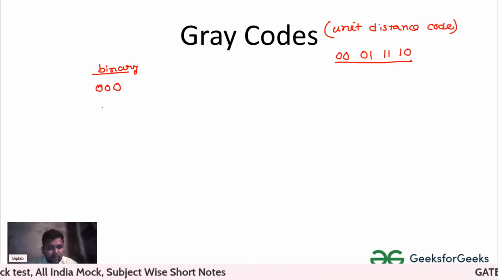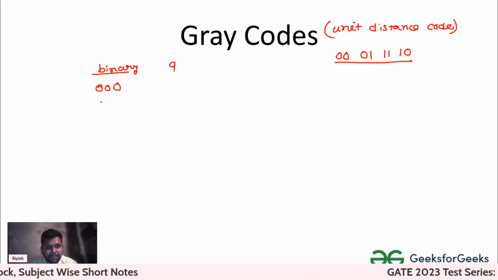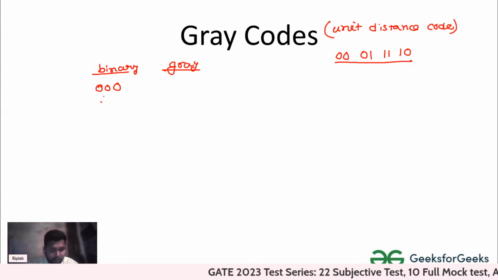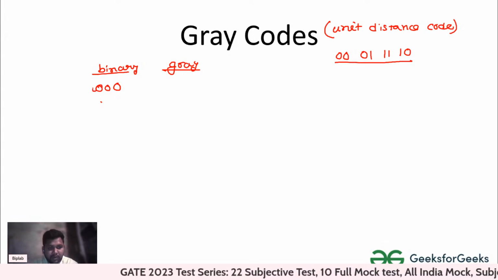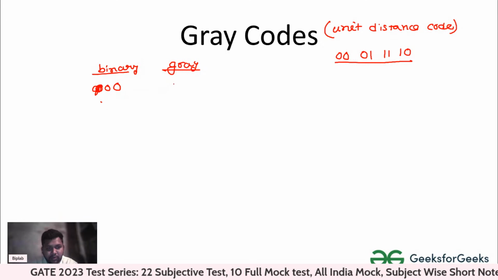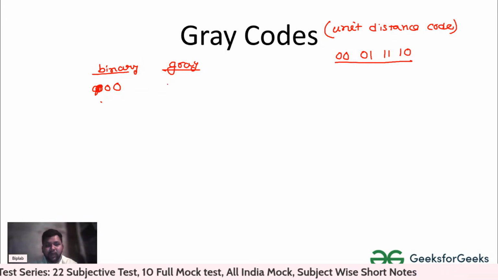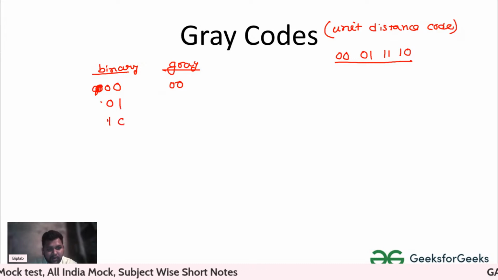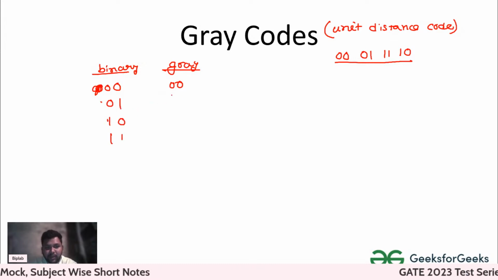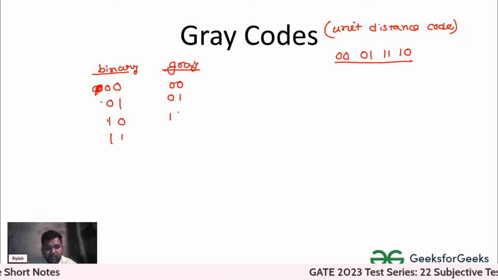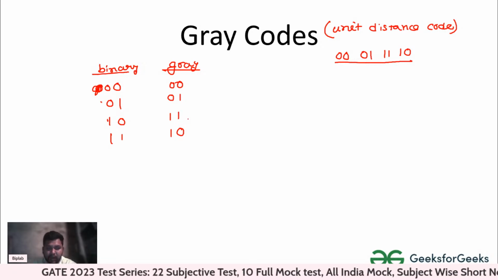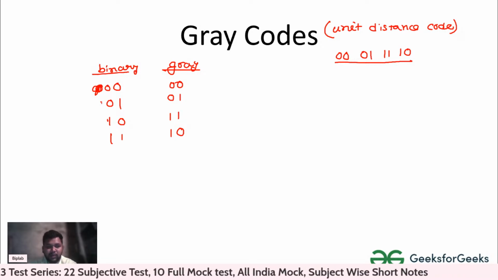Let's do it for 3 digits, and we will write the corresponding gray code. Let's do it for 2 digits first, then I will show how to extend it to 3 digits. So 00, 01, 10, 11 is in binary, and in gray you write it as 00, 01, 11 and 10. Now every two sequential numbers have only unit distance.